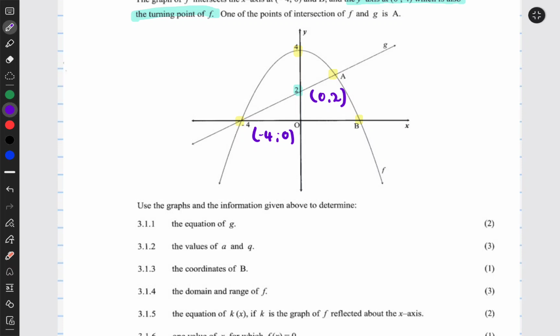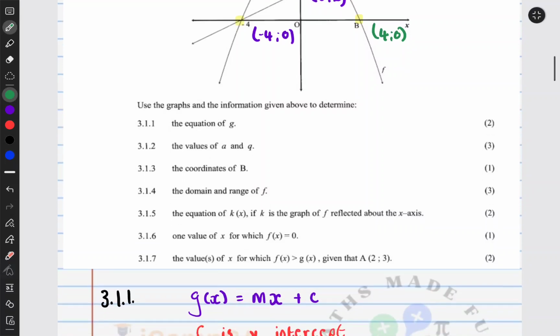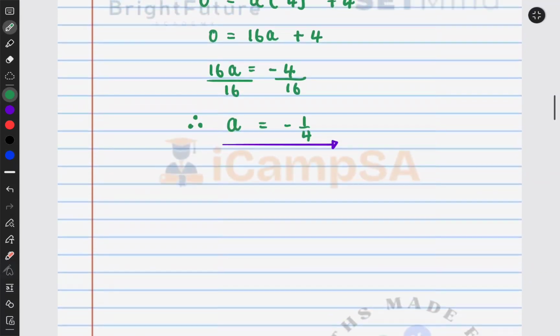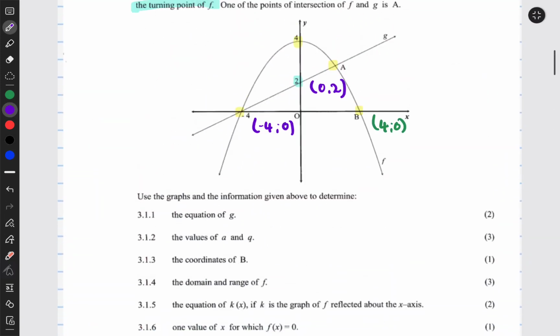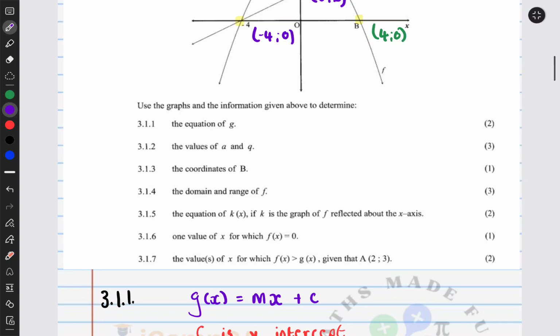So the distance from O to -4 is the same distance from O to B, which makes b what? For 3.1.3, the coordinates of b are 4 and 0, because it's on the positive side. b is simply the mirror image of the other coordinate, which is -4 and 0.